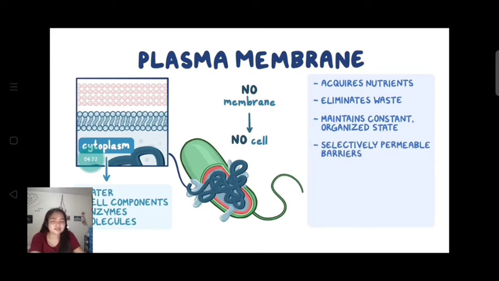However, in bacteria, the plasma membrane has other important roles such as respiration, photosynthesis, and synthesis of lipids and cell wall components.